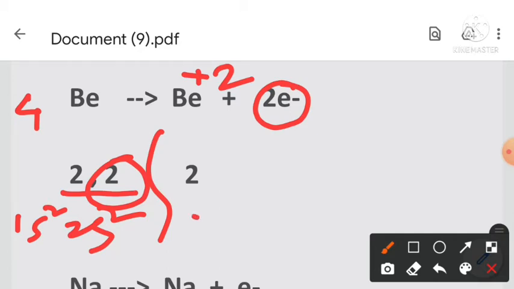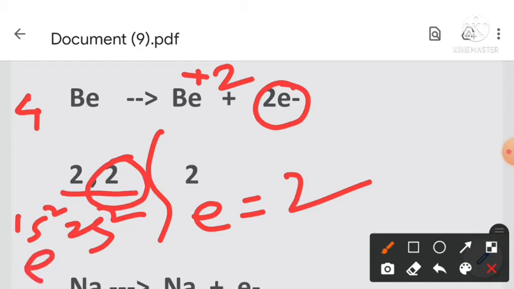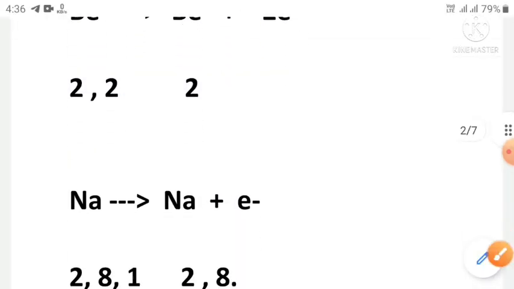So the beryllium ion has 2 electrons, and the beryllium atom has 4 electrons. As defined, an element that loses electrons is called a metal.